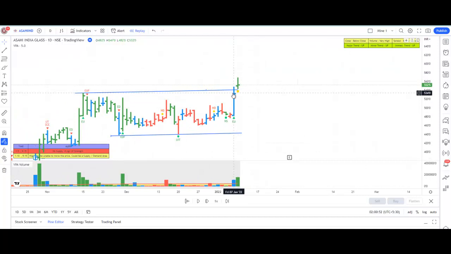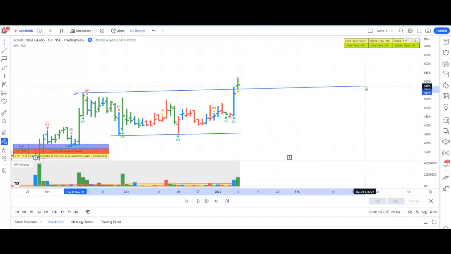There are long wicks here showing supply still present, and I will extend this line a little more. Let us see if the prices sustain above this line and move up.